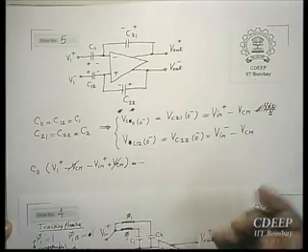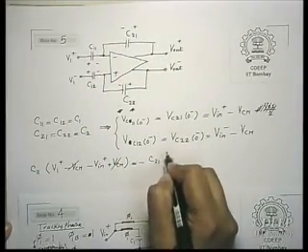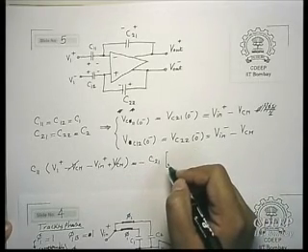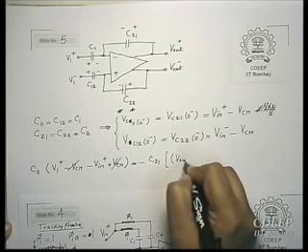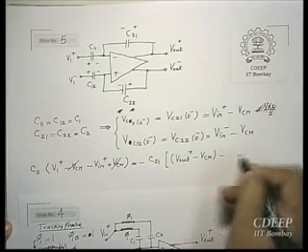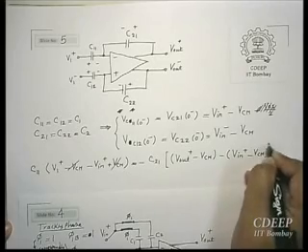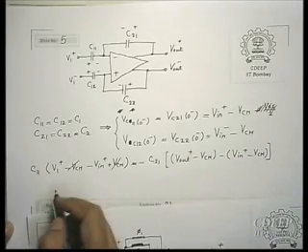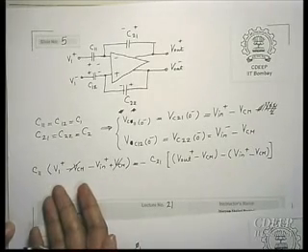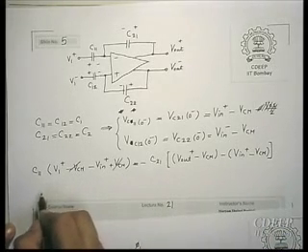Then this will be minus, because now an opposite polarity is connected, minus C21 into the change in the charge. Now it will be V out plus, that we want to find out, minus V common mode, minus the original value, which was V in plus minus V common mode. The same thing you do for the other one, which will be V1 minus, V out minus, V in minus. So finally you will get this.